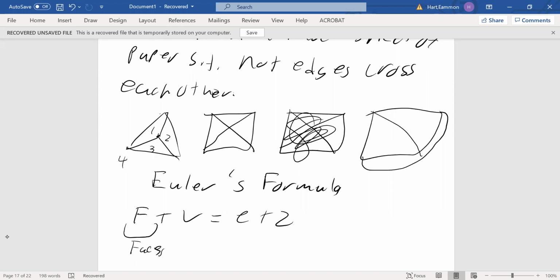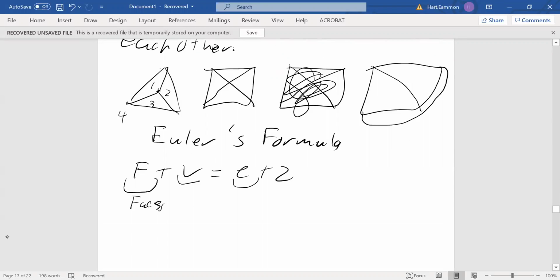V is the number of vertices, so here we have 4 vertices. And E is the number of edges: we have 1, 2, 3, 4, 5, 6 edges, plus 2. If it is a planar graph, then it satisfies this.